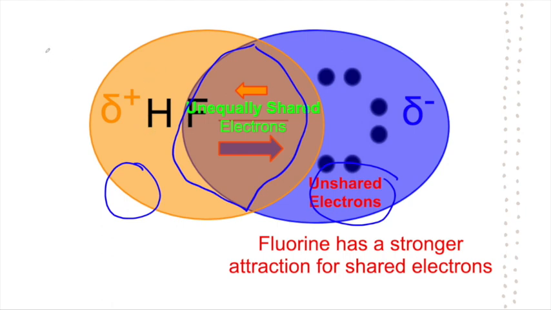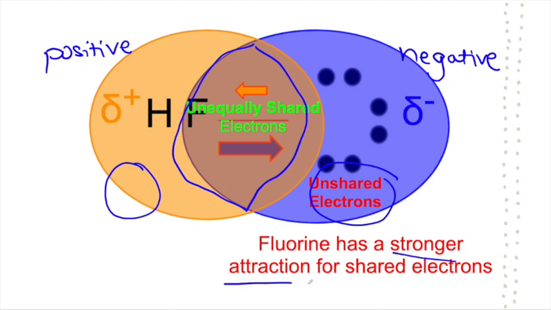Then we have our positive end here and our negative end here. Since fluorine has more unshared electrons, it has a stronger attraction for the shared electrons. So if you were to see an image of this, fluorine would be stronger.